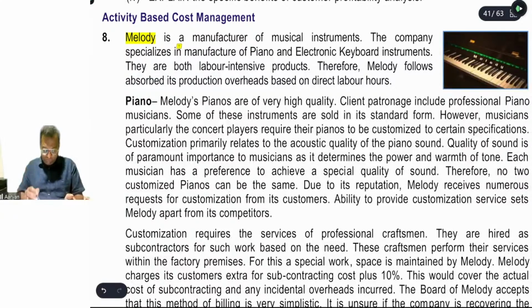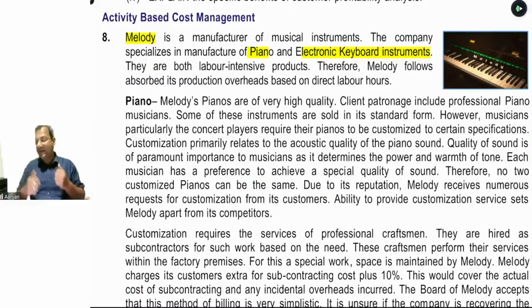The first instrument is piano and the second instrument is electronic keyboard instrument. Both are labor intensive products, means manual work is more as compared to the mechanical work. Therefore, Melody absorbs its production overhead based on direct labor hours.